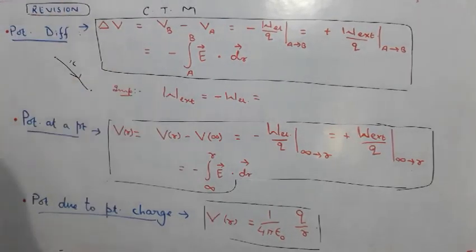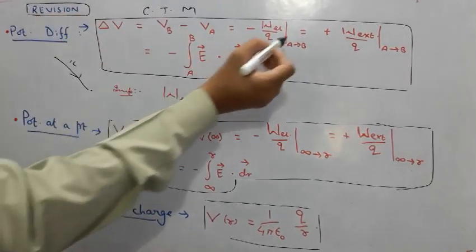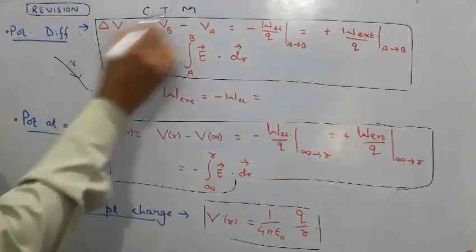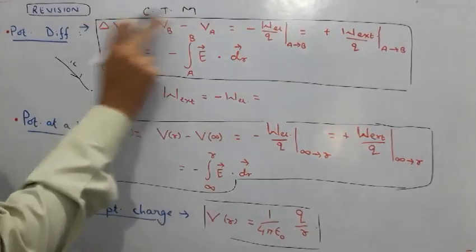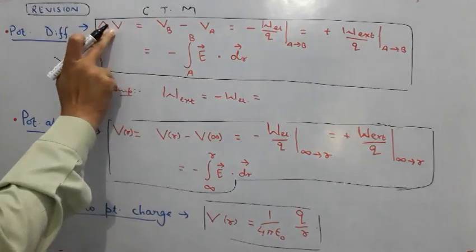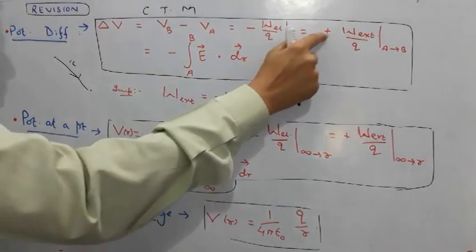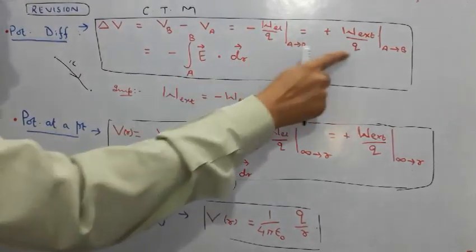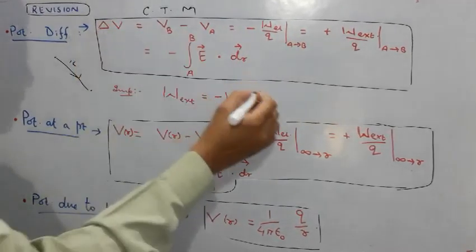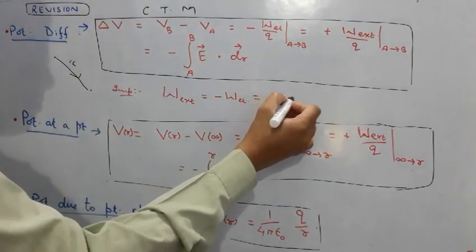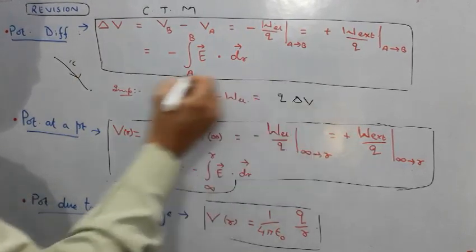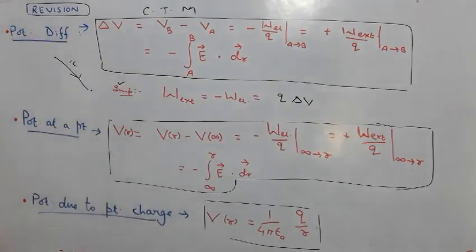Extending this particular idea, you see this expression, if I cross multiply this charge I can bring over here. So minus W EL, which will be equal to plus W external, and that Q I will multiply to delta V. So this becomes Q times delta V. Very important, remember this particular relation.